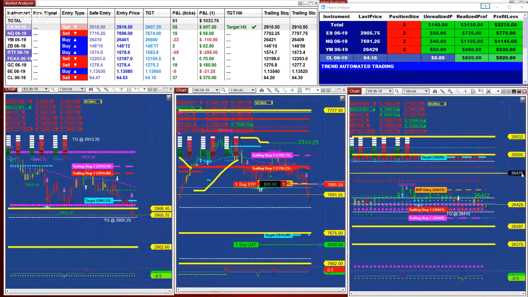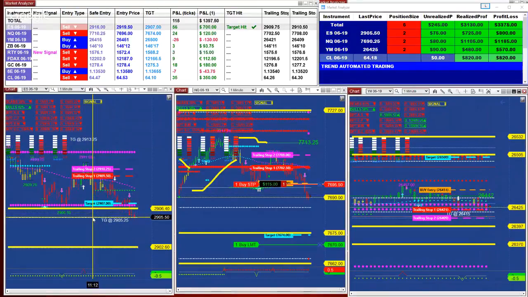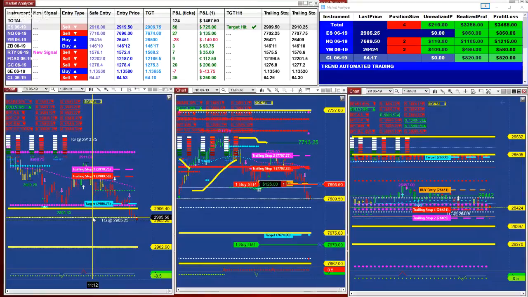For some reason, the YM is just not moving yet. It will. So I gave you the link, and I gave you what to look for, and please mark your ES 905, and we are about to break the 905.